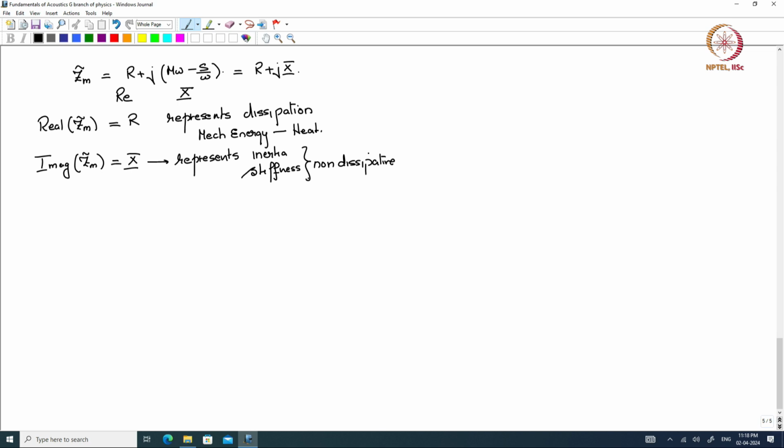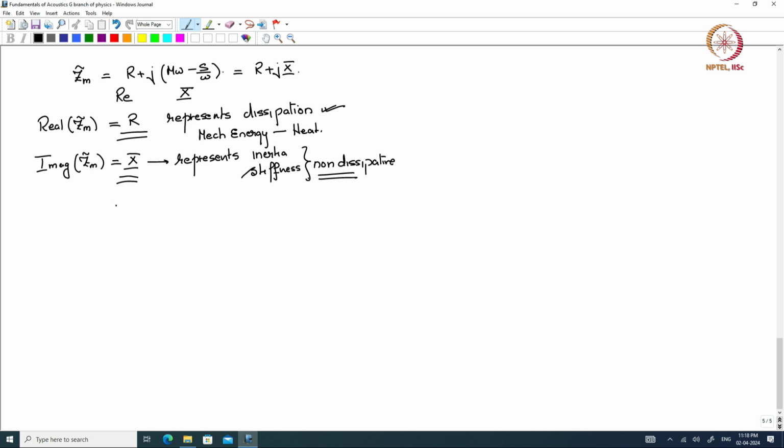For complicated systems, m could be a function of frequency, s could be a function of frequency, and so forth. Because this is a very simple system, m and s are constants over here. But x, the imaginary part, represents the inertia and stiffness and the non-dissipative part of the system, whereas R represents the dissipative part of the system.